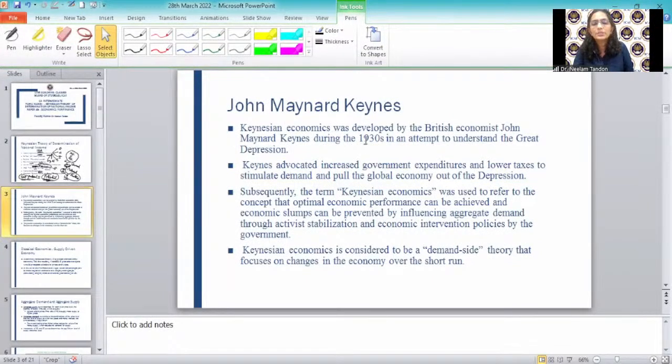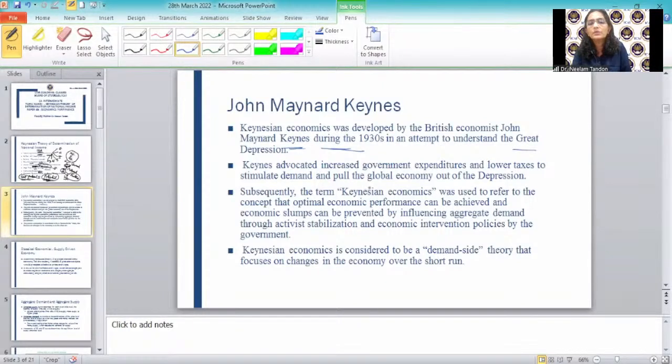There was the Great Depression. Have you people read about the Great Depression? The Great Depression happened in the 1930s. The overall demand in the economy was very low.